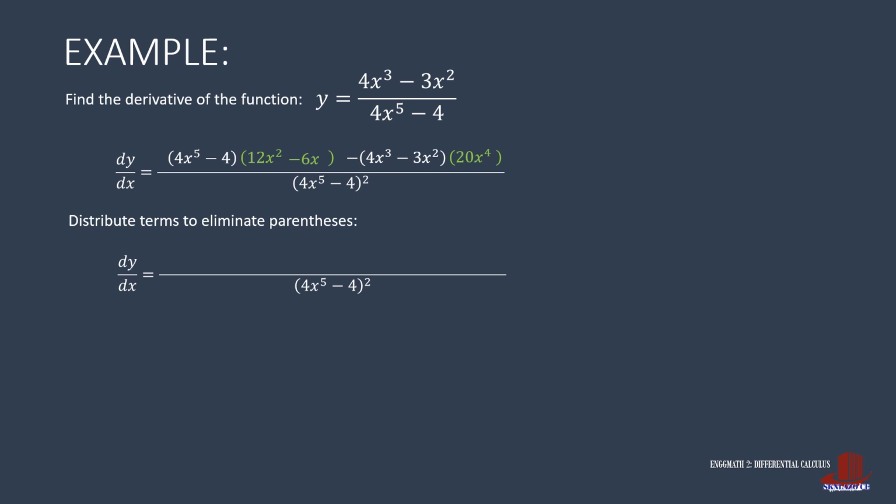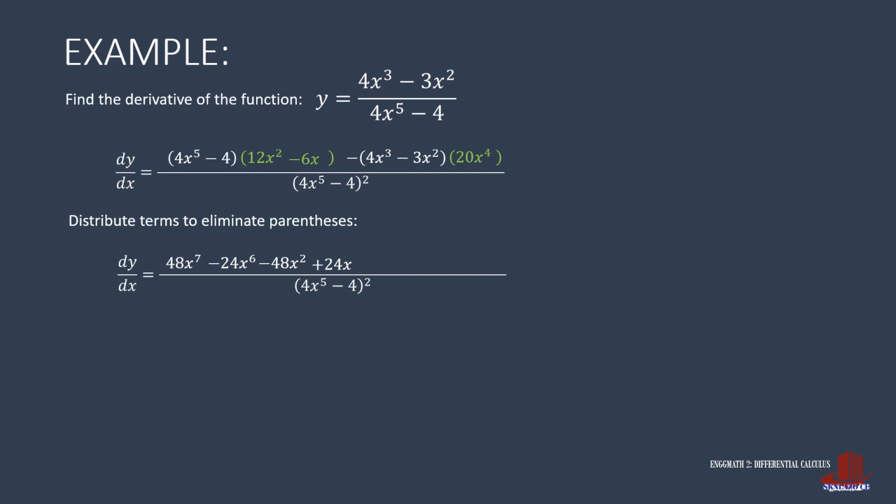4x raised to 5 times 12x squared is 48x raised to 7. 4x raised to 5 times negative 6x is negative 24x raised to 6. Then, negative 4 times 12x squared is negative 48x squared.